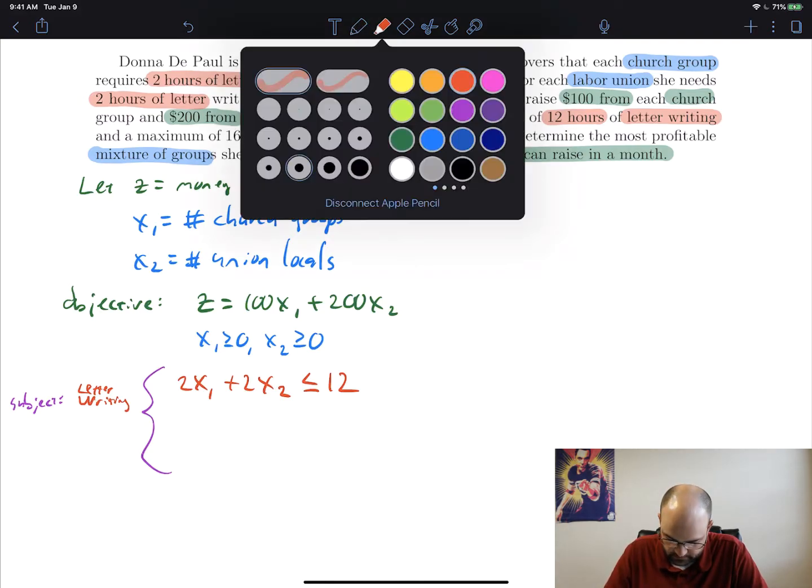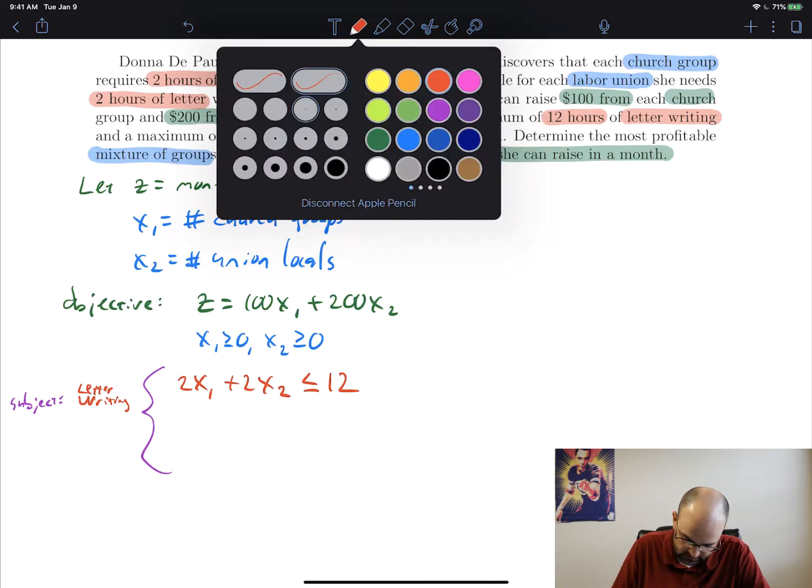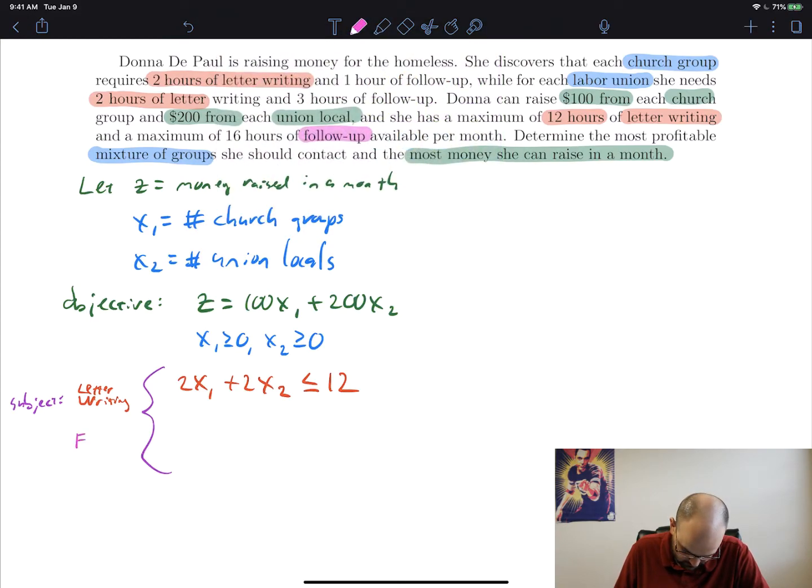Okay, good. Now let's use pink. Pink will represent the number of follow-up hours. For this one, every church group requires 1 hour of follow-up, and every union local requires, wait, no, 3 hours.